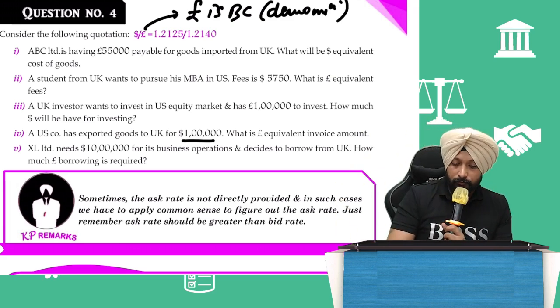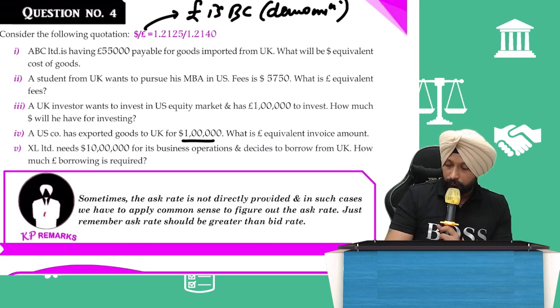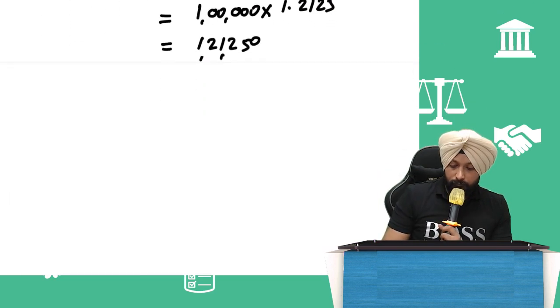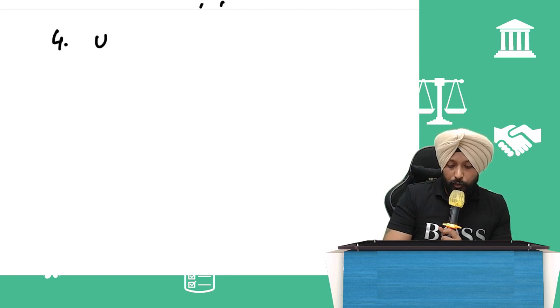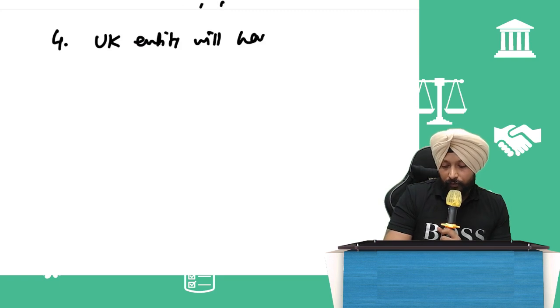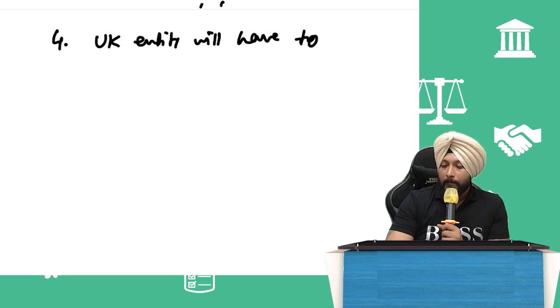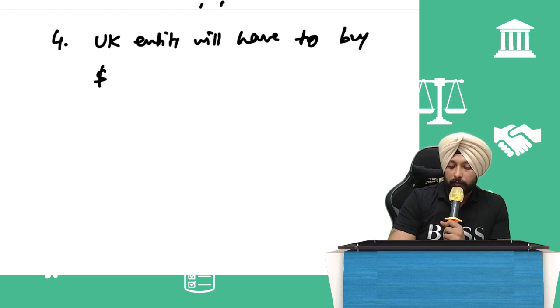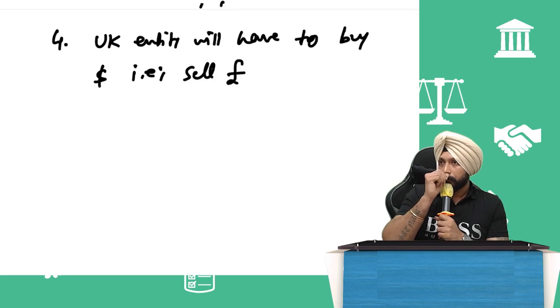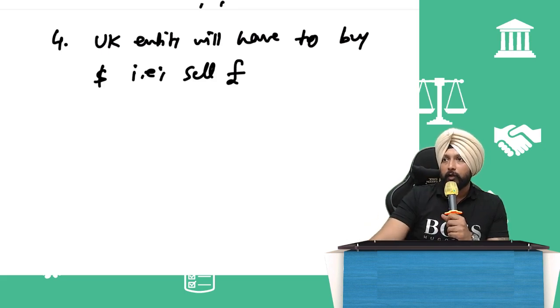Okay, let's write. UK entity will have to buy dollar, that is sell pound.